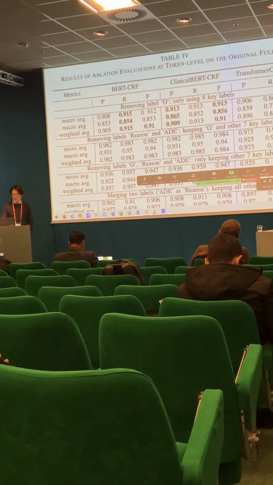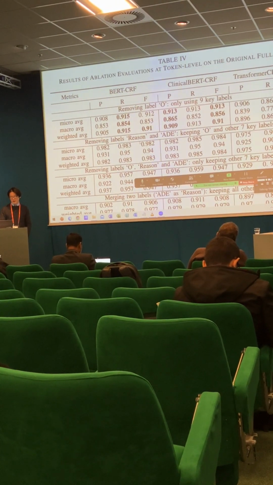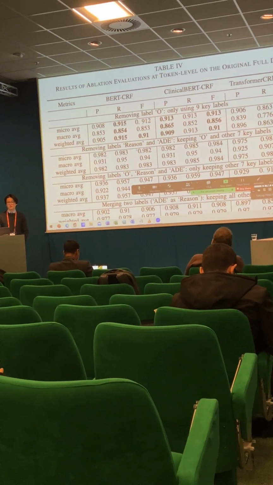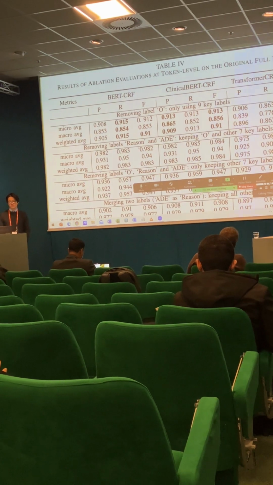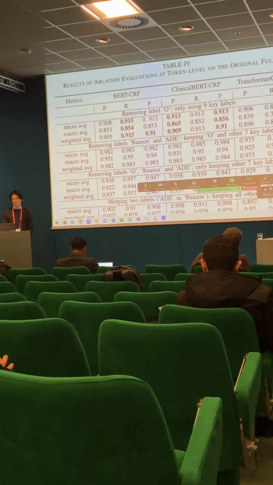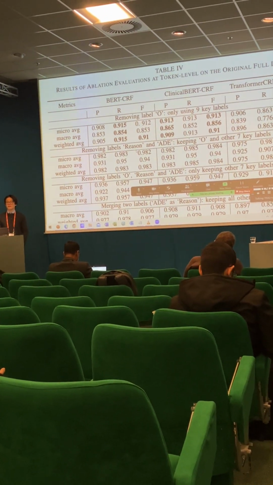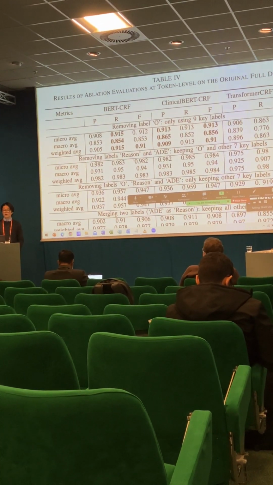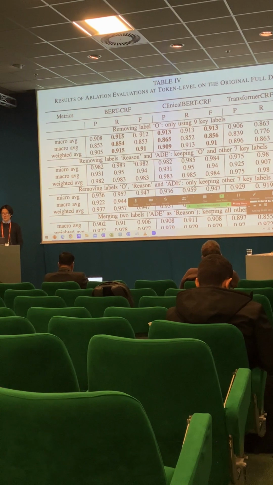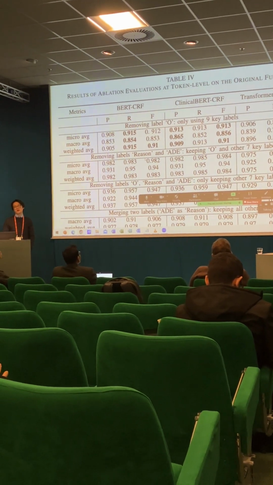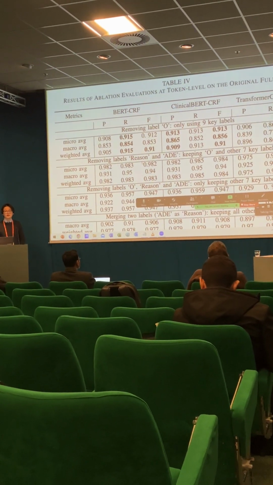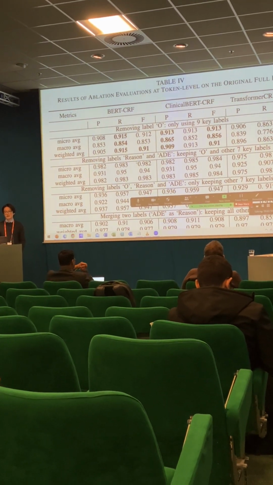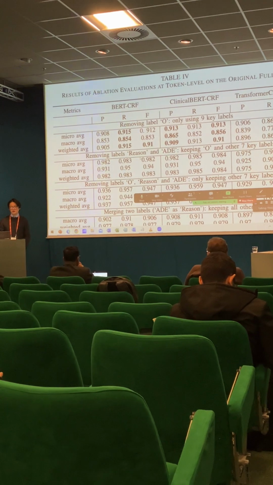Then we remove ADE and reason, because they are popular for confusing the model. For example, reasons have fewer patterns. When it's drugs or form, you have patterns. But for reasons, the clinician can say anything, because of what problem you have, and this can be a very randomized phrase.